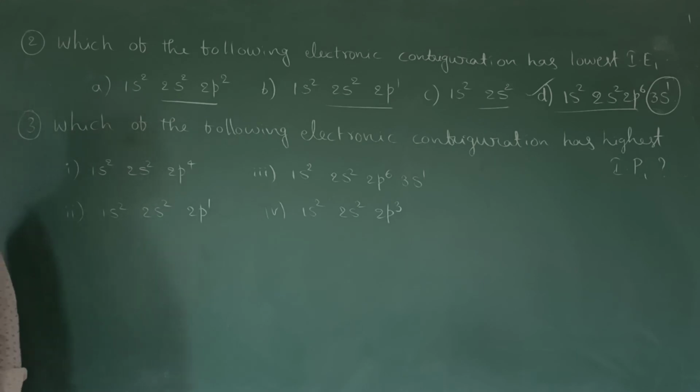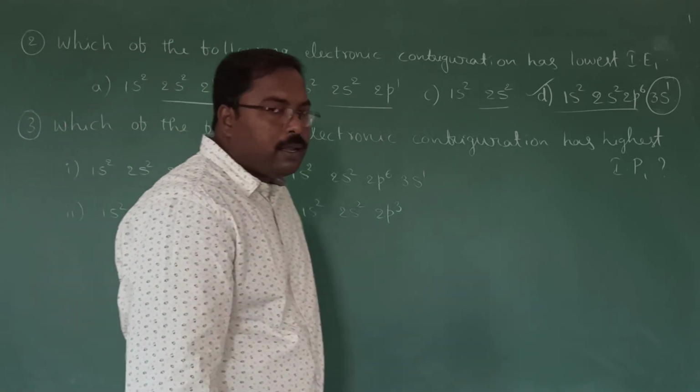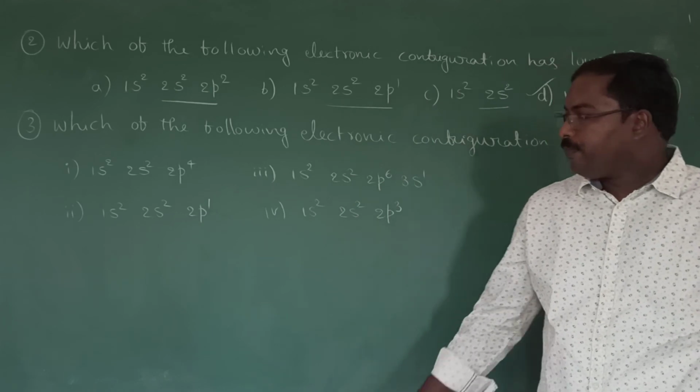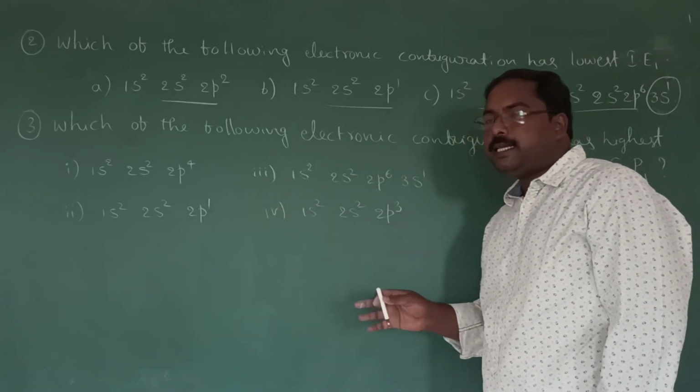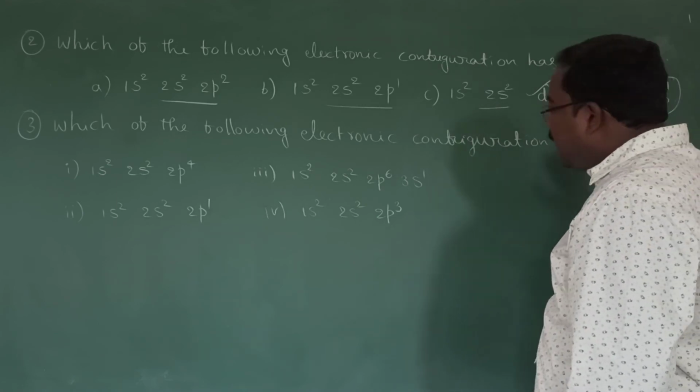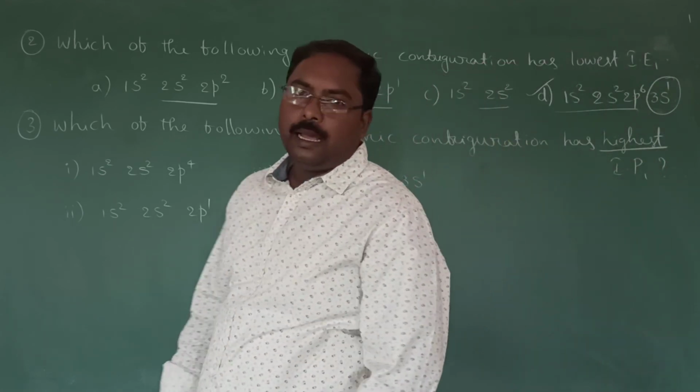Right? So these are the four options they gave, and their question is, out of these four electronic configurations, in which case does it require a high amount of energy to remove the electron.